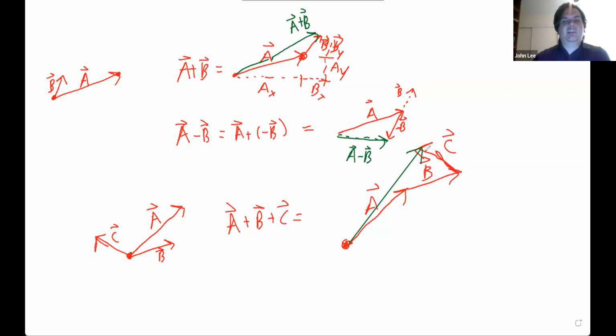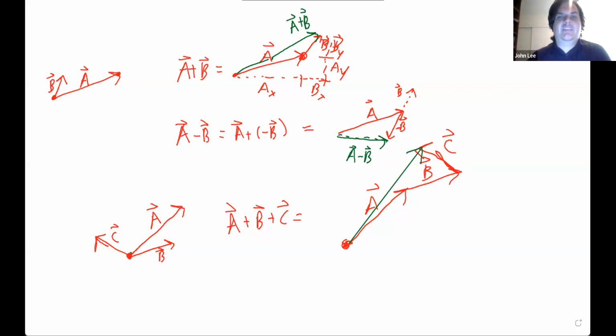If you need to multiply, you can just make them longer or shorter as the need may be. And that's basically all I have to say about the graphical method for adding vectors.